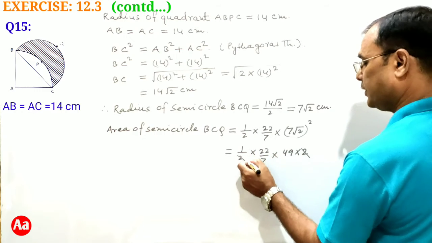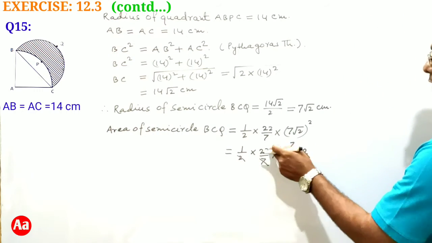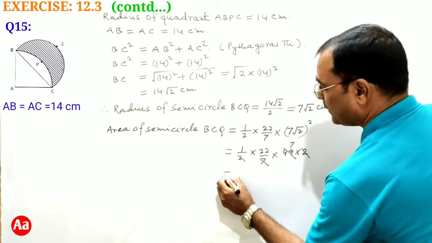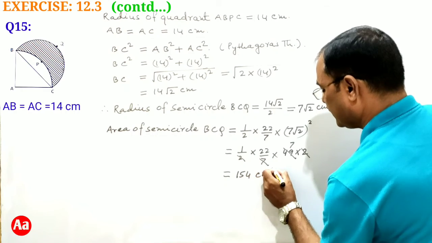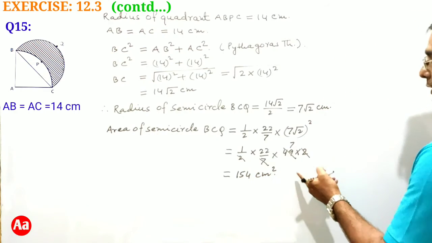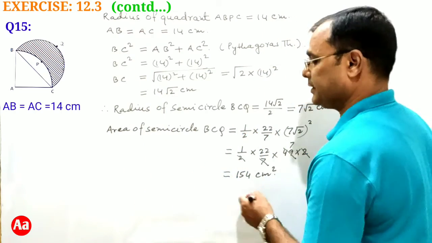So these 2 cancel, 7 7s are 49, 22 into 7, 154 centimeter square. Now we will find the area of triangle ABC.